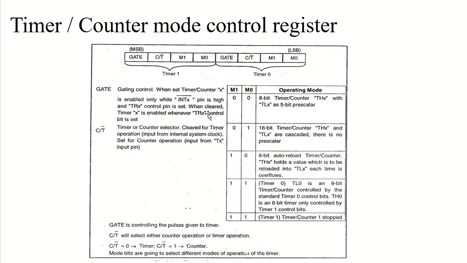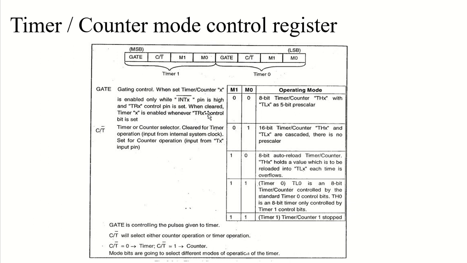When used as a counter, the microcontroller is programmed to count external pulses, and the register is incremented in response to a high to low transition. High to low transition of what? Transition of the corresponding external input pin, whether it is T0 or T1. This external input does not have a constant frequency, and because of that it is not used as a timing reference.